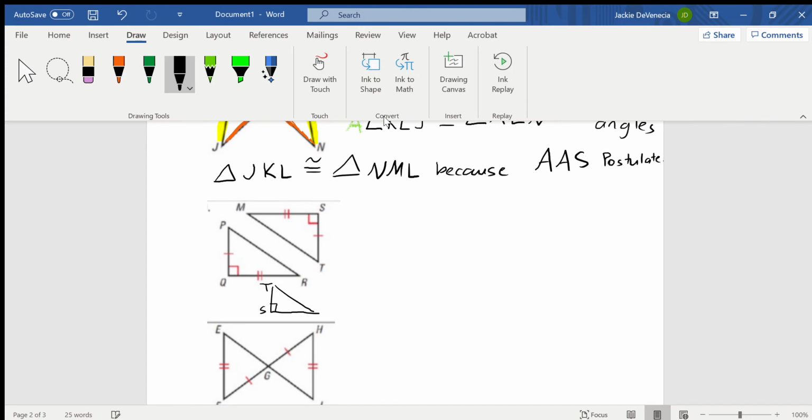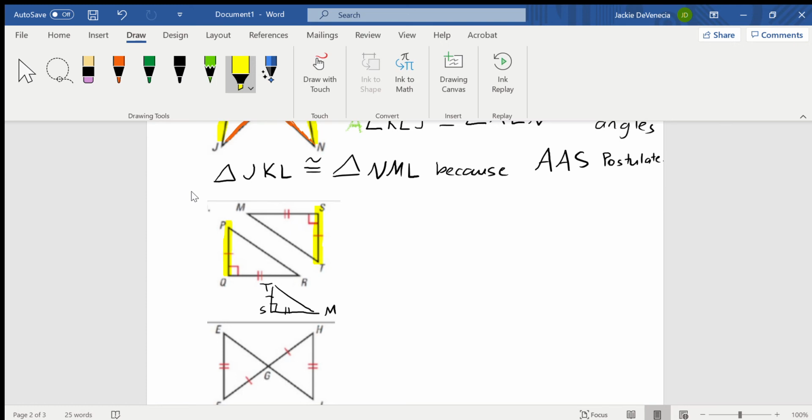Okay, and now we have to see if they could be proven as congruent. So let's just work with what they gave us. So they have QP and TS, right?